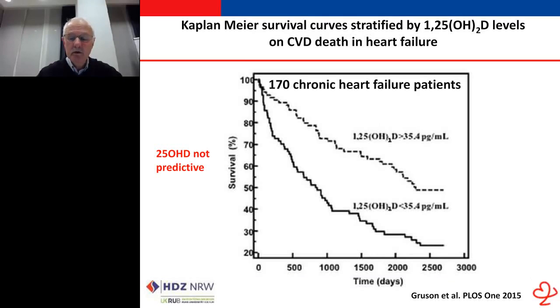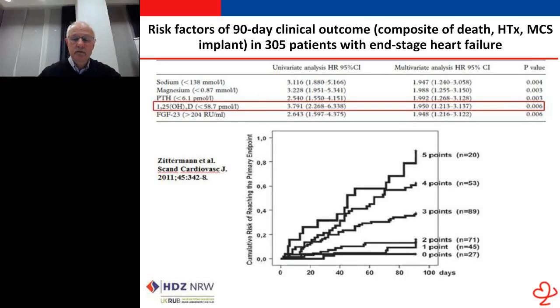And this is another study from a group from Belgium, and they could show similar results. They could demonstrate that in patients with heart failure, cardiovascular death was significantly higher in those patients who had low initial 125 dihydroxyvitamin D levels.